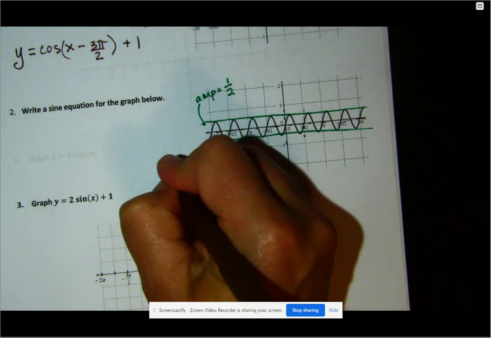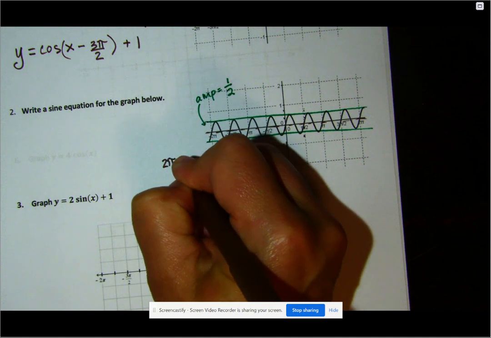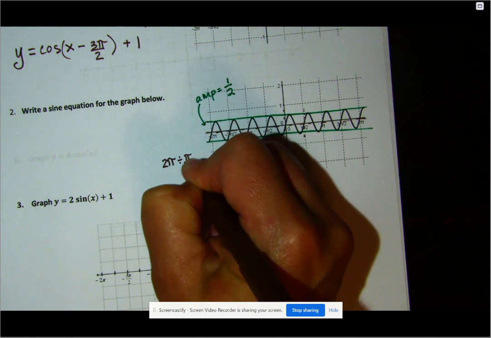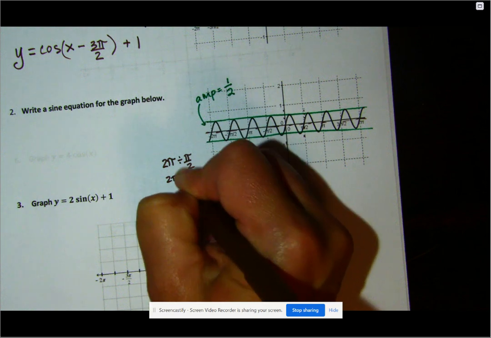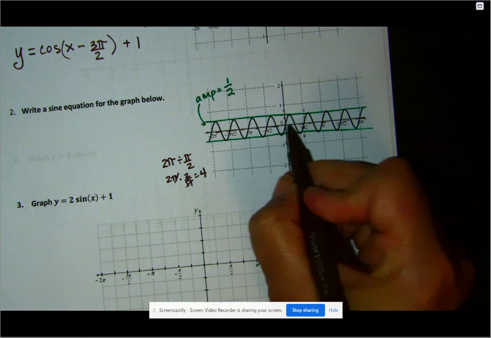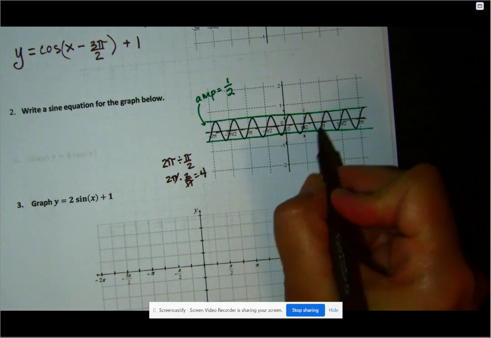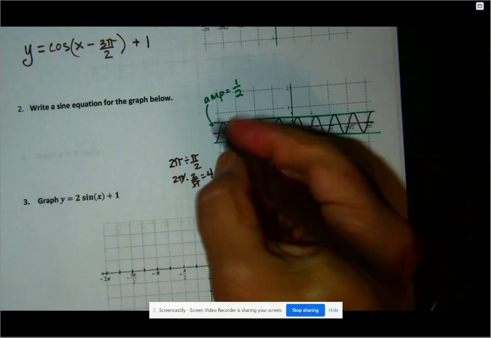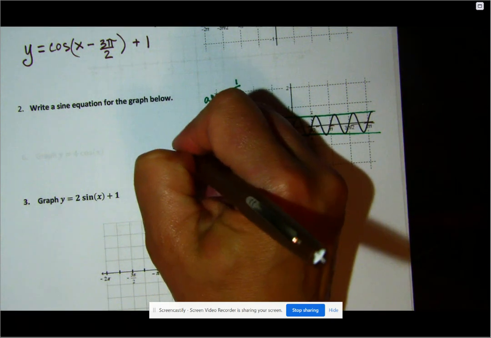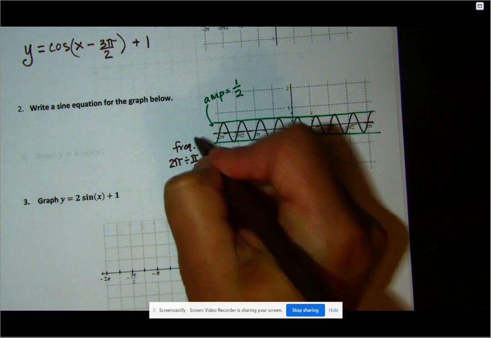So if you took 2 pi and divided it by pi halves, you would get 4. I like to visually say there are 4 cycles of the graph between 0 and 2 pi. But no matter how you look at it, frequency is 4.